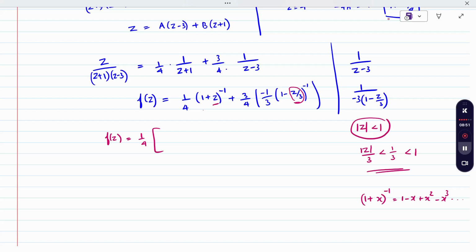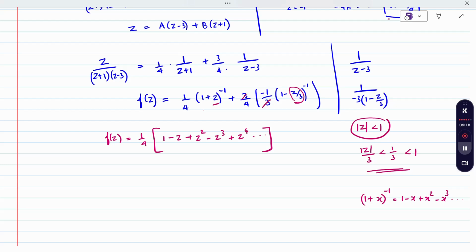Same thing I am going to write: 1 minus z plus z squared minus z cube plus z power 4, etc. This 1 by 4 is common in both the terms. 3 times of this I can write, or this 3 will get cancelled, minus 1 by 4.